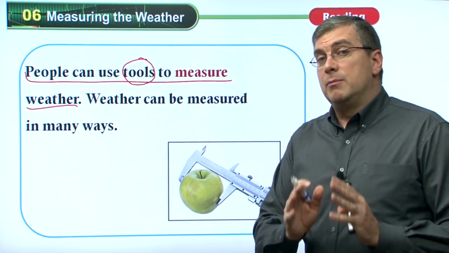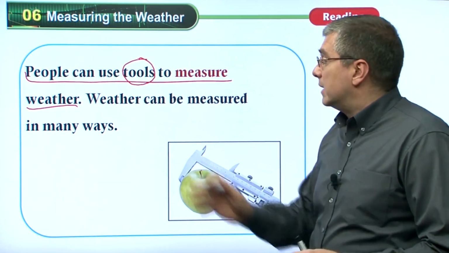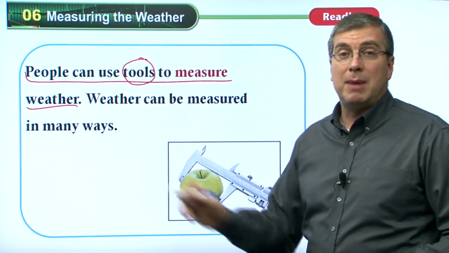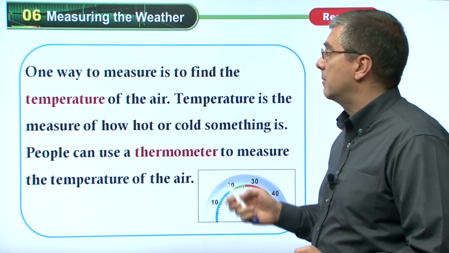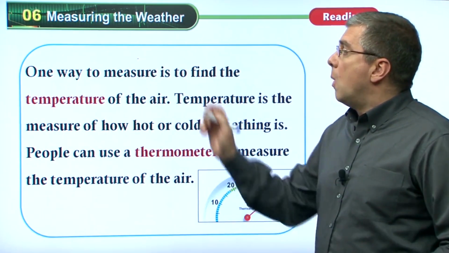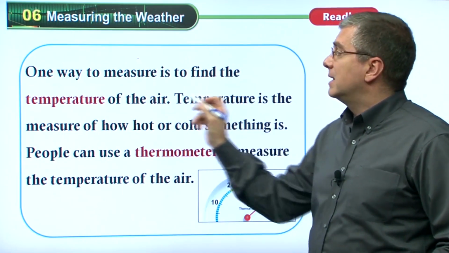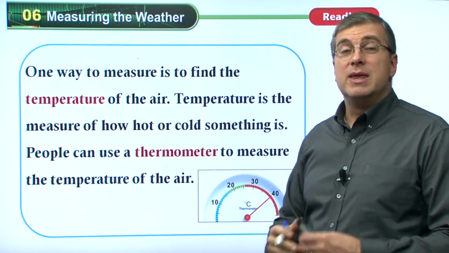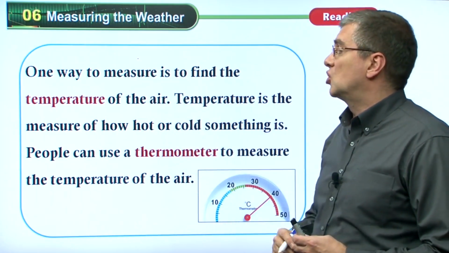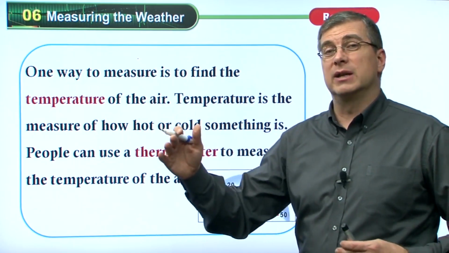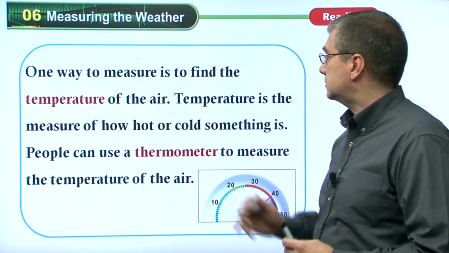Remember, we can measure things in many different ways. Weather can be measured in many ways. We're talking about size, speed, and amount. And of course, we're talking about that here. One way to measure is to find the temperature of the air, the amount of heat or the absence of heat. That's the temperature of the air. How hot is it? How cold is it?